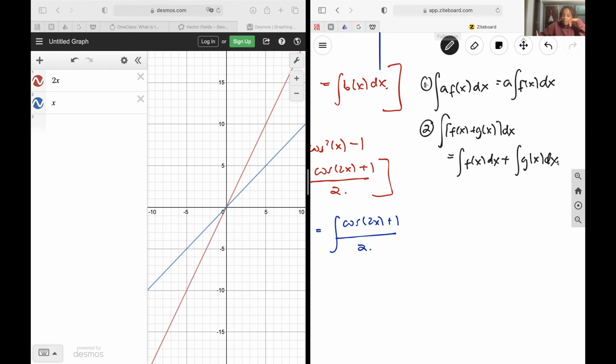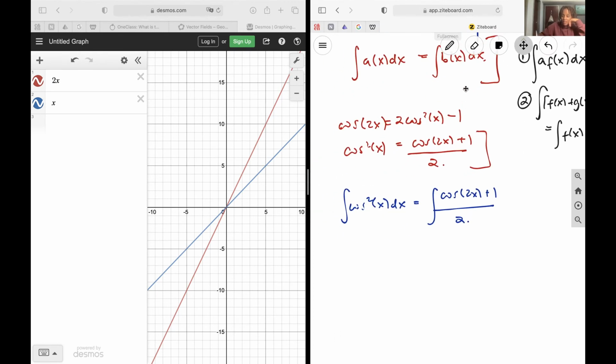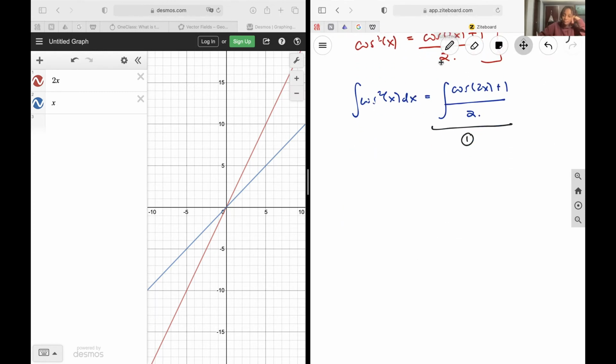And so now when I apply that to this, I'll use my first rule to pull out that 1 over 2. And this will become that the integral of cos squared x dx is equal to 1 over 2 multiplied by the integral of cos 2x plus 1.